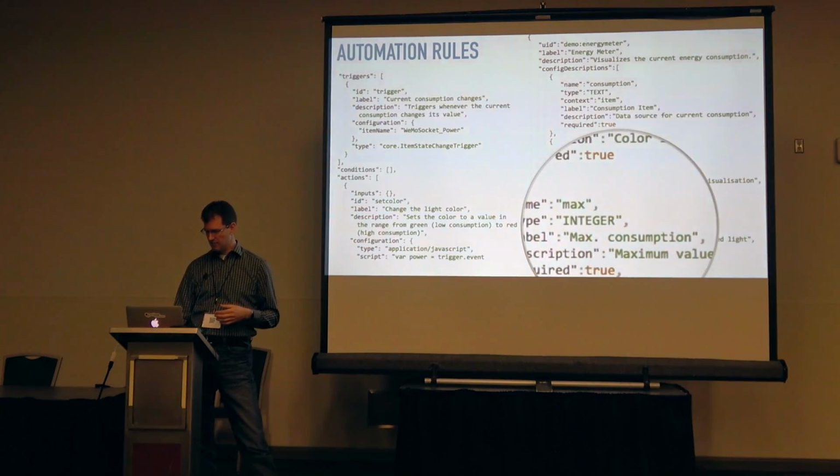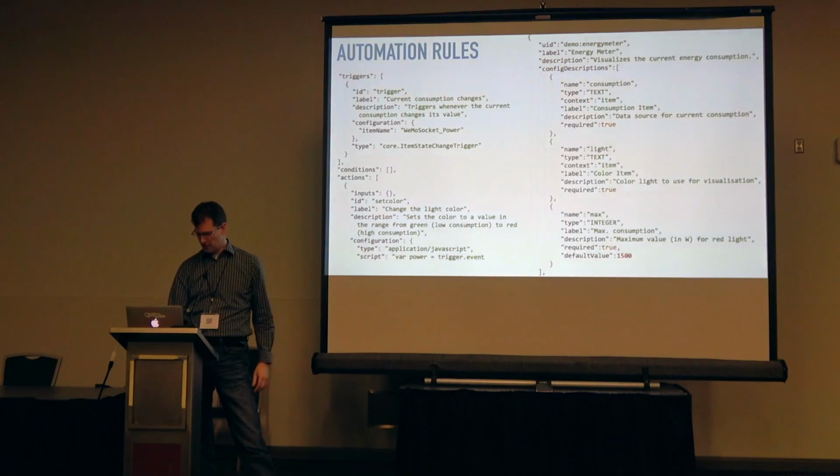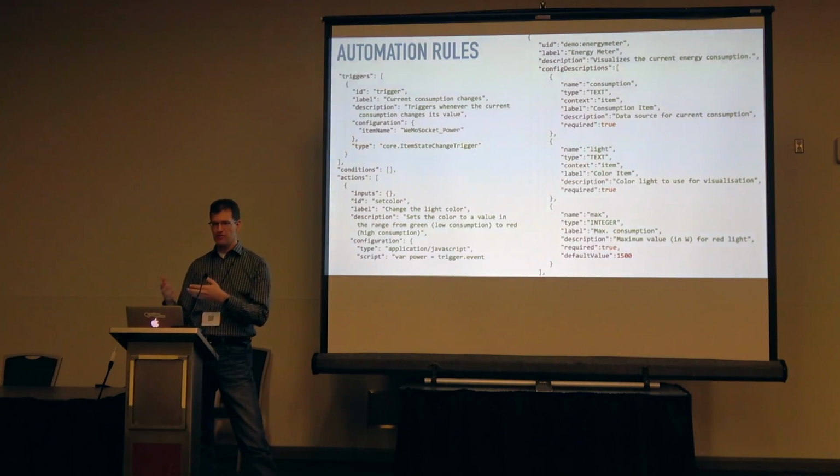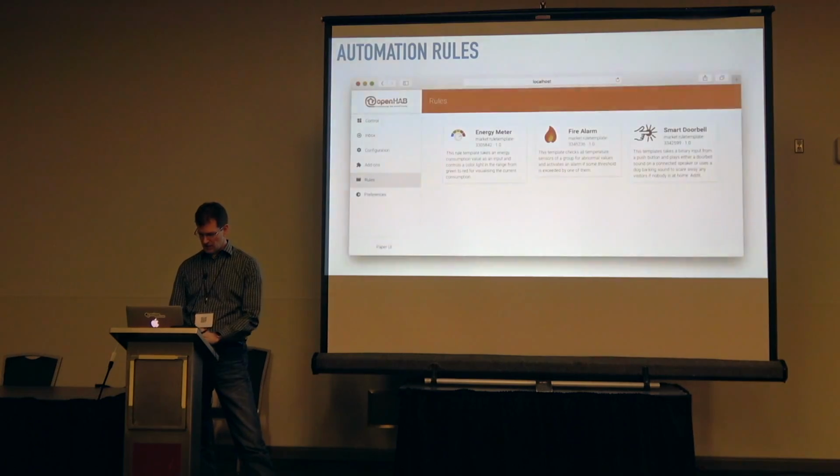And we need some information about what is actually the maximum expected consumption where we want the light to be red. So these are the configurations for the template, and that information is enough to actually instantiate a complex rule for a user.